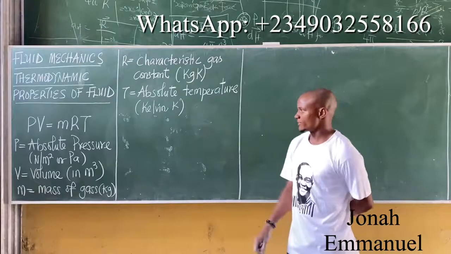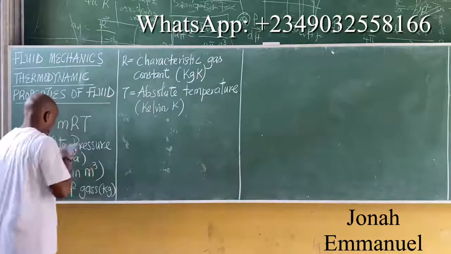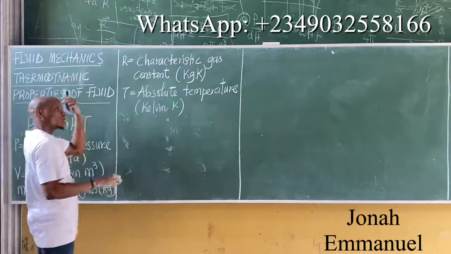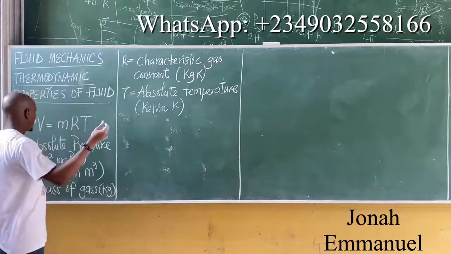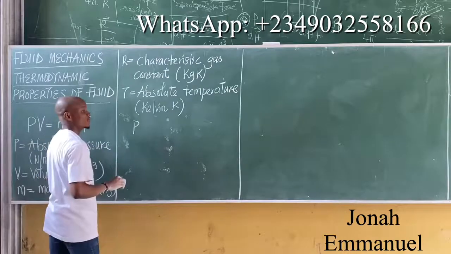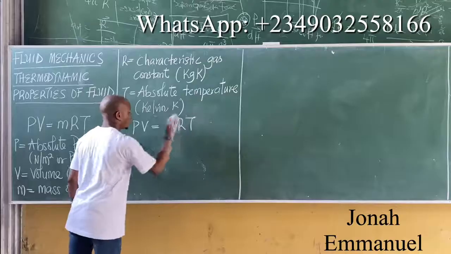Some simple concepts. Let's just play with some minor equations. First of all, we said from the characteristic gas equation that PV is equal to mRT.